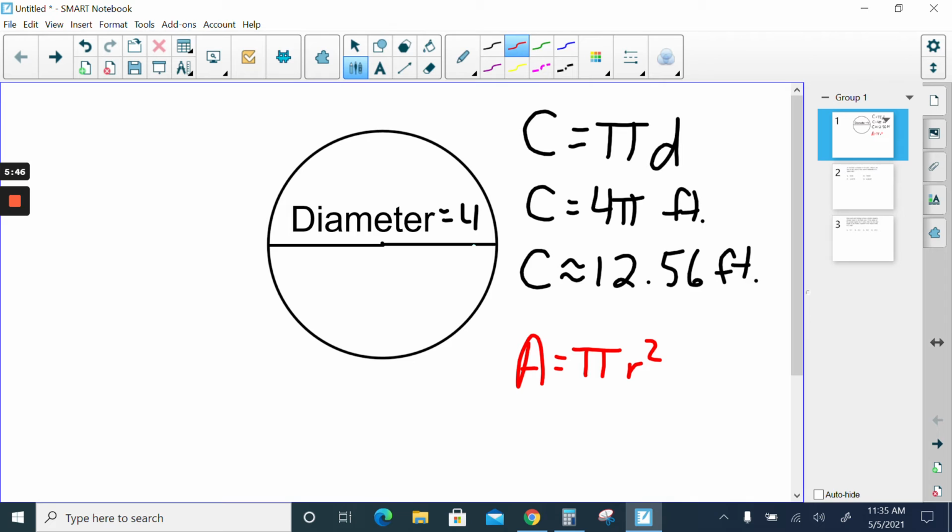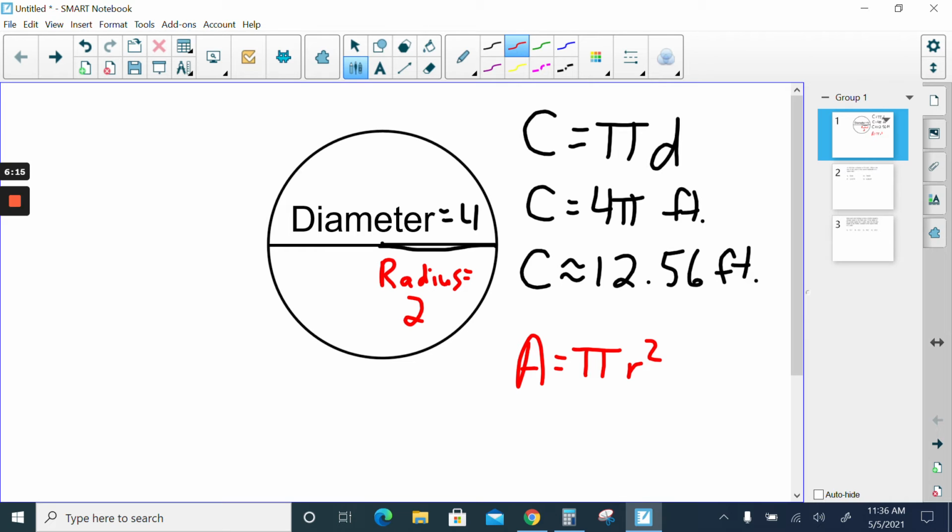Now, as I already mentioned before, the radius only goes halfway across our circle. It basically starts at the center and works its way to any part of the circle. So this would be half of our diameter. If the diameter is 4, in this example, the radius would be 2.